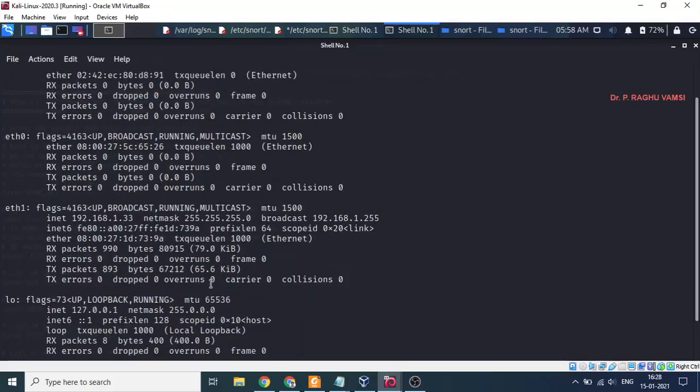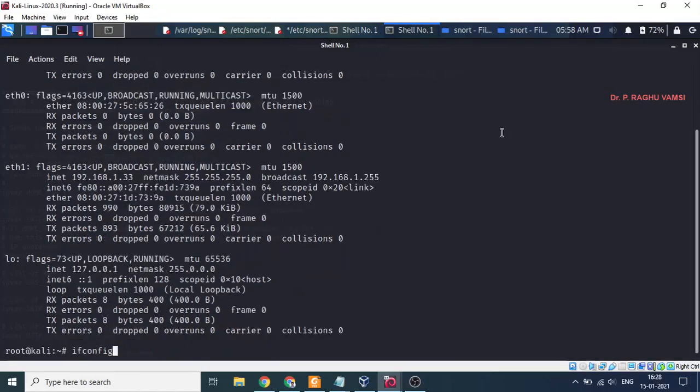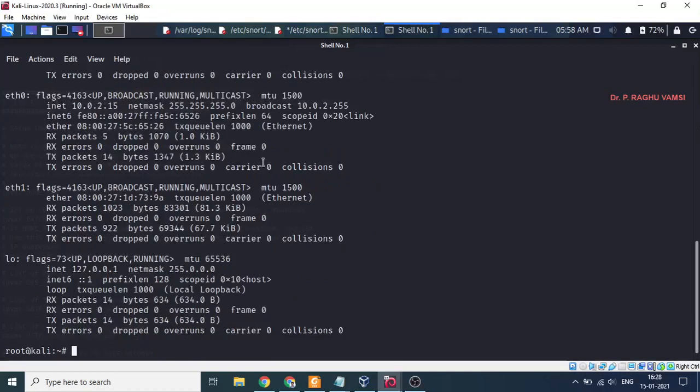Ethernet 1 is enabled. So we can enable all the Ethernets at once, and we can use the IP addresses. In general, the IP address of Ethernet 0 is on the NAT network. So let me enable Ethernet 0 and we'll run ifconfig again. Now you look, Ethernet 1 is not there. The IP address is not showing. So the address is 10.0.2.15.